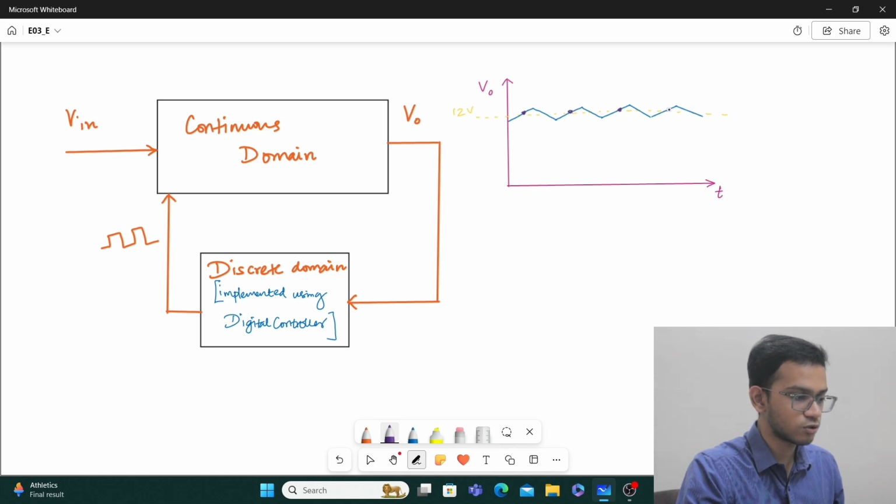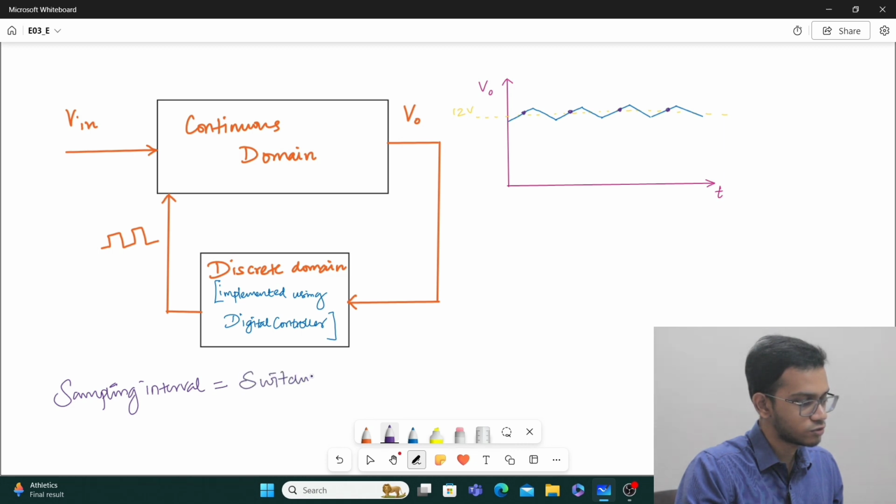The general thumb rule is the time interval in which you are sampling, that is your sampling interval, should be equal to your switching period.